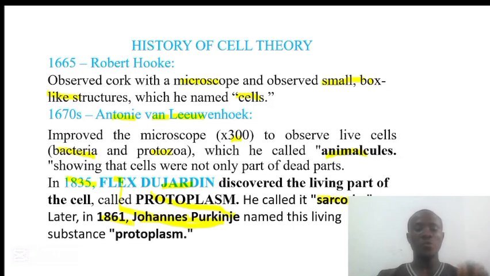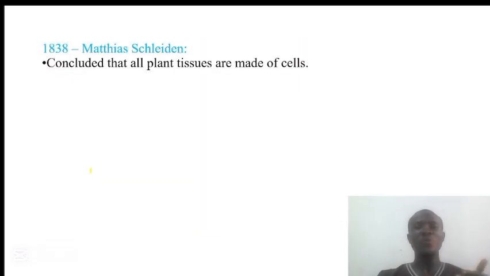Protoplasm equals nucleus plus cytoplasm. Since we know that living organisms consist of cells, Matthias Schleiden went further to conclude that all plant tissues are made up of cells.